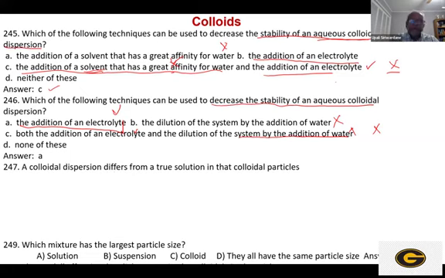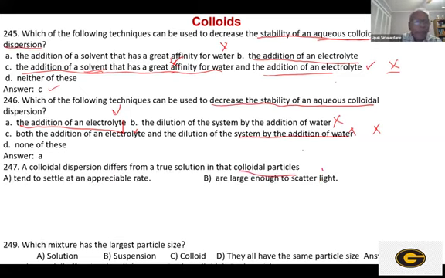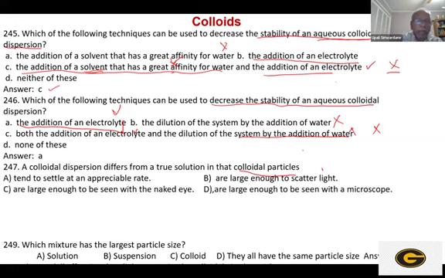Colloid dispersion differs from true solution in that colloid particles tend to settle. That's not true. They don't settle. Are large enough to scatter light.